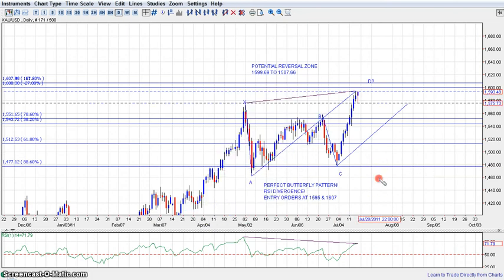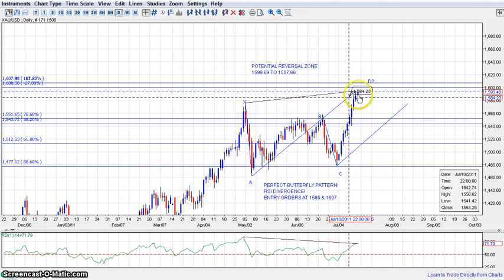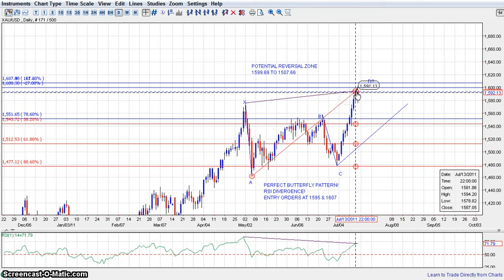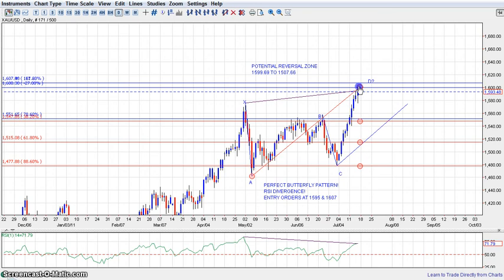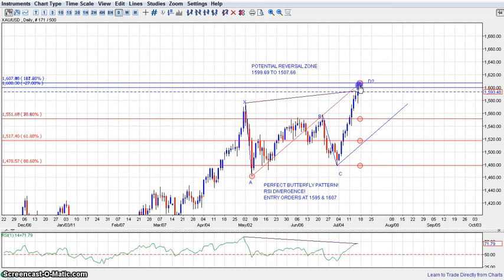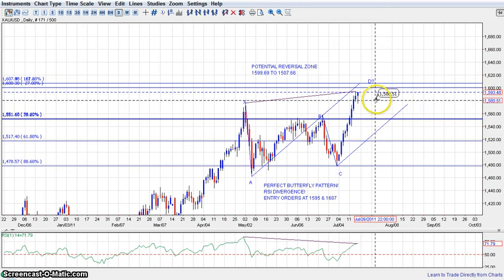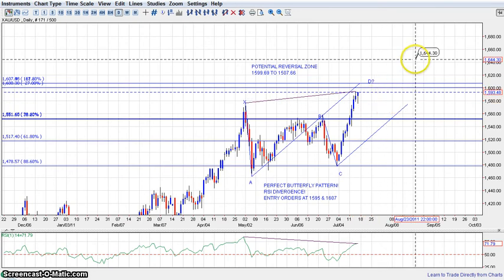Obviously if price goes to this zone before reversing, then my point D will be up there somewhere, so I'm going to extend this Fibonacci line to the upper boundary of the resistance zone identified by this butterfly pattern. So you've got your two entry orders, stop loss 1645.